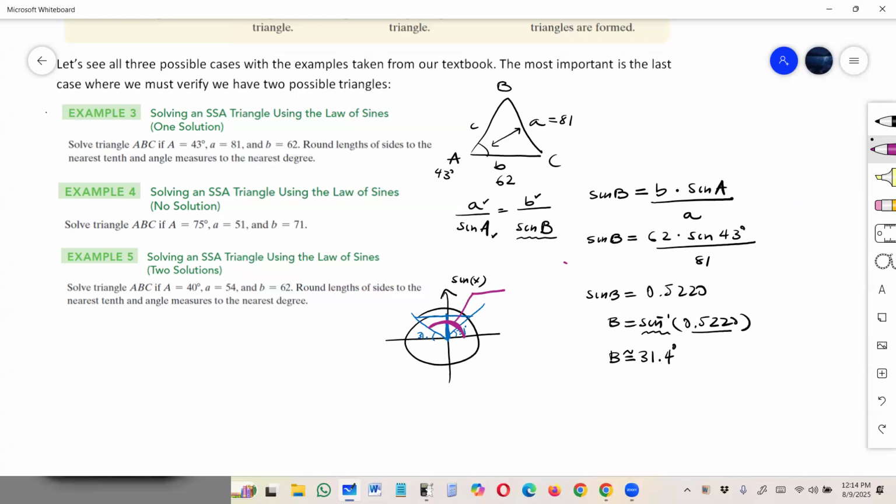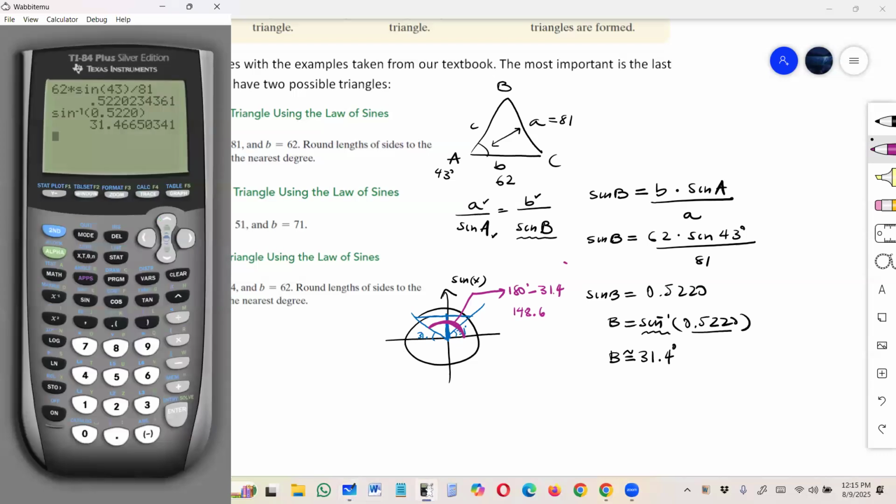Now, how do I find this angle? This would be 180 minus 31.4. Now this is what? 148.6. All right, well, let's just check, but I think it's 148.6.